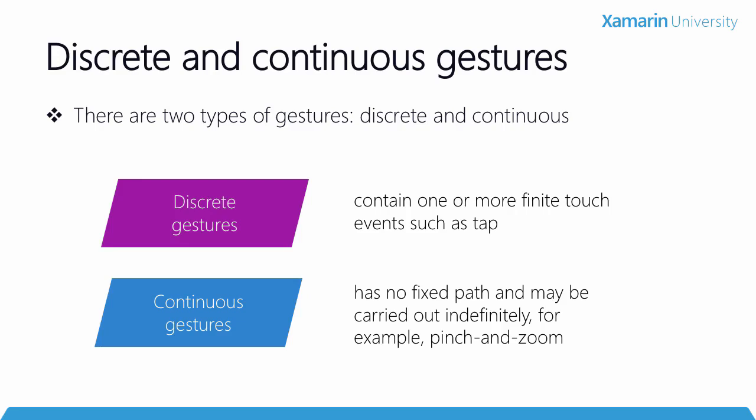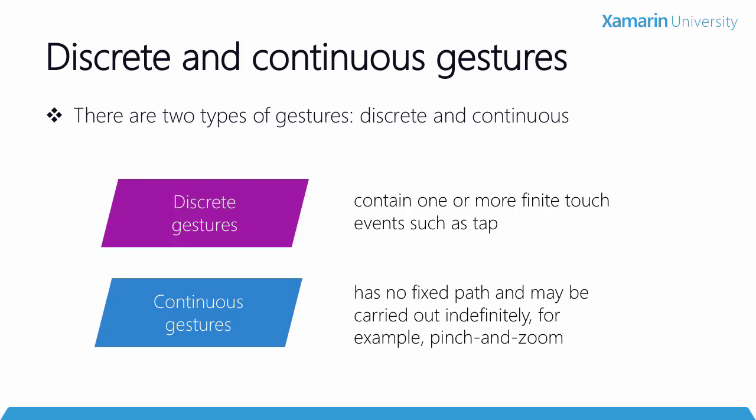The first are discrete gestures, and these are gestures that have a fixed path. And when that path has been followed, the gesture is considered complete. And if the path is deviated beyond a specific threshold, then the gesture will need to be restarted and is considered to have failed. Alternatively, we have continuous gestures, and these have no fixed endpoint.